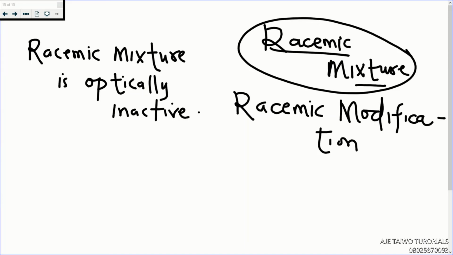Look at the board. If you have a racemic mixture, that means an equimolar mixture of two enantiomers. Look at this light.